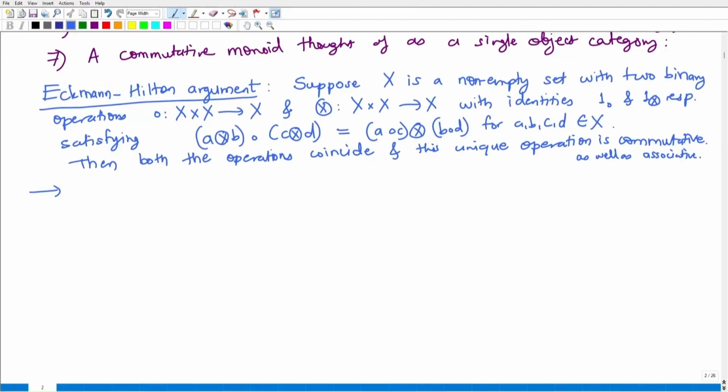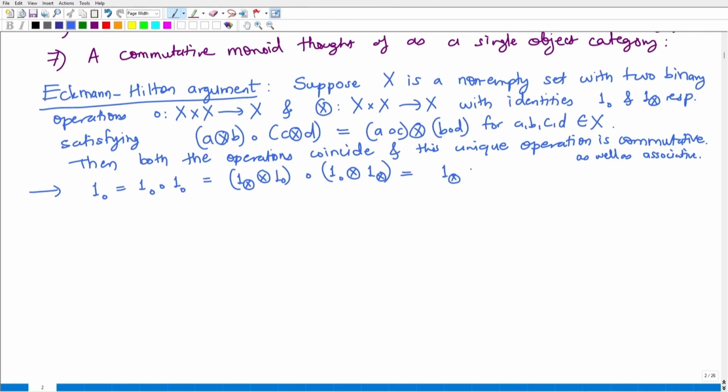Okay, so let's write this. 1 circle is equal to 1 circle composed with 1 circle. That is the definition of the identity. It is a two-sided identity, which can be written as (1 tensor 1) circle (1 tensor 1). Then you use the transfer law.